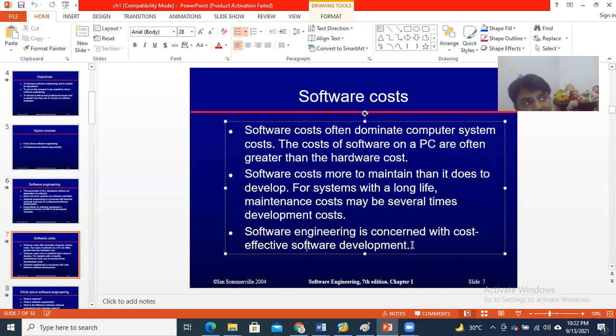So I have to purchase items within my budget, or confine myself to my allocated or designated budget. This is called cost effective. That shopping will be cost effective shopping. Likewise, the development of software within the given budget will be called cost effective software development.